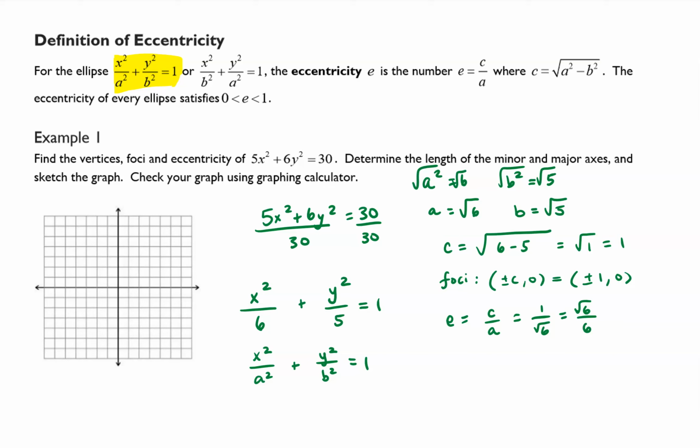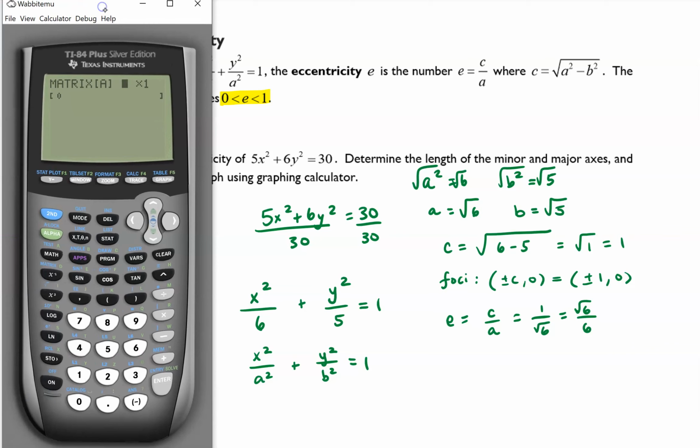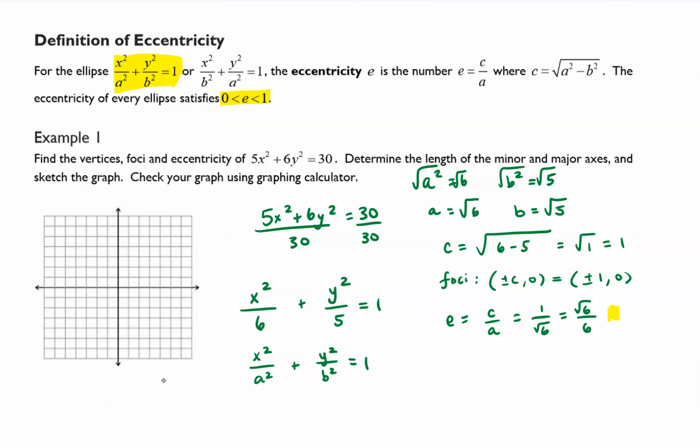Now, remember that the eccentricity must be a number between 0 and 1, so let's plug that into our calculator and make sure that we are doing that correctly. So square root of 6 divided by 6, and that is in fact a number between 0 and 1, so it's approximately 0.41. So that looks good there.